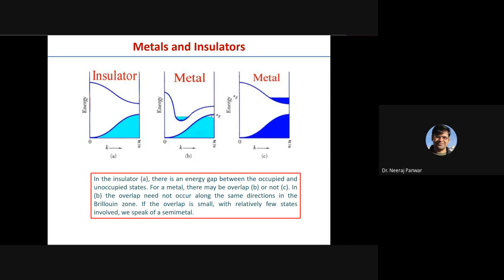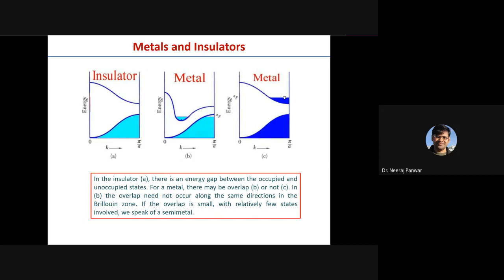That's why some of the electrons of the valence band can be transferred to the conduction band, and otherwise it should have been an insulator if there were no existence of an energy gap. So it is called a semi-metal. For example, bismuth is an example of a semi-metal. Beryllium is also an example of semi-metals.